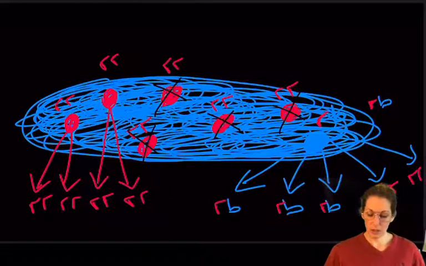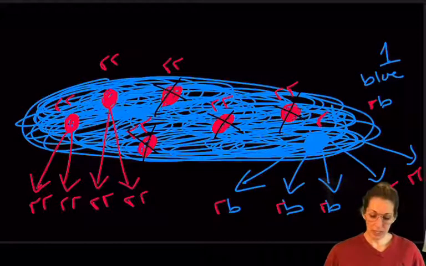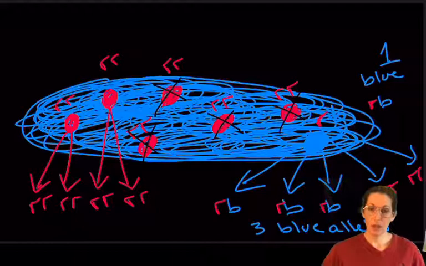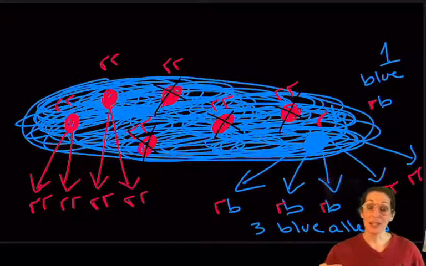So in our first generation, the first dots that I drew with that one blue individual, we had one blue allele in the entire population, just one. But then in our next generation, now we have 3 blue alleles. So we've increased our p.